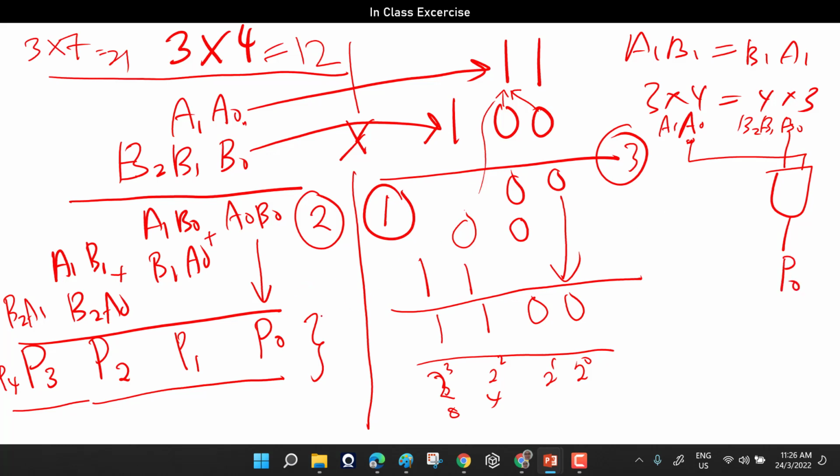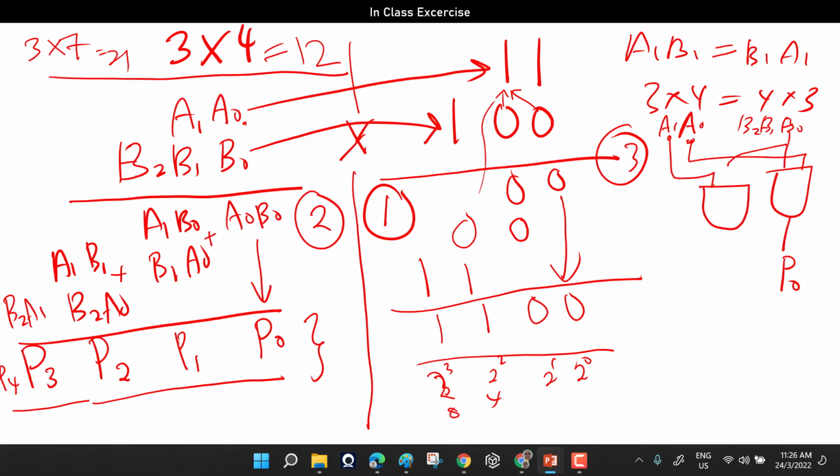Why is that so? See, my product 0 is coming from A0 and B0. So this is actually A0 and B0. Okay. The second item here, I need to have A1 and B0. So AND means I will require one AND gate. Where does this come from? A1, B0. So pull from A1, pull here from B0.